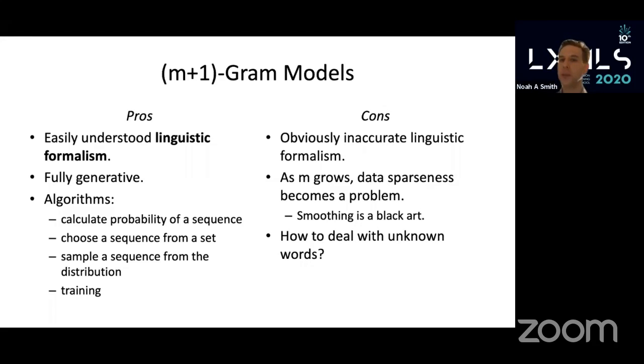We'll talk a little bit more about how we estimate the parameters of the model, but one of the key issues is that you have to find cleverer and cleverer ways to smooth out the probability mass to make sure that every M+1 gram gets a non-zero value. And then finally, we assume a fixed vocabulary that's known at the beginning of training and never changes.